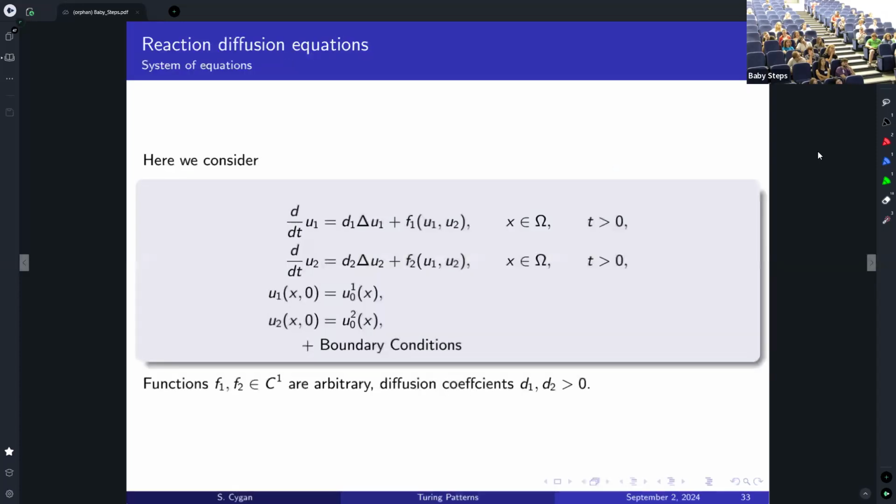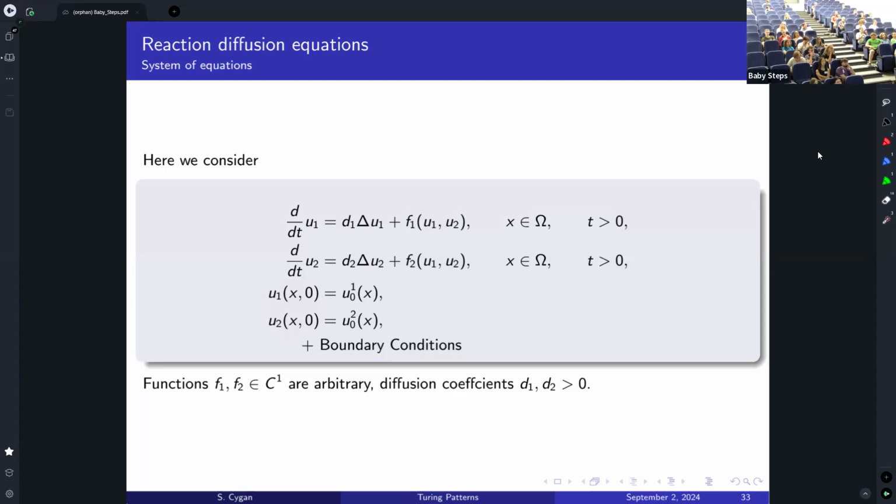And now let us analyze this phenomenon mathematically. The analysis will be the following. We consider the system of reaction-diffusion. So now we have two substances, u1 and u2. Here we have the time derivatives. Then we have the diffusion with two different rates, the diffusion rate d1 for u1 and the diffusion rate d2 for u2.